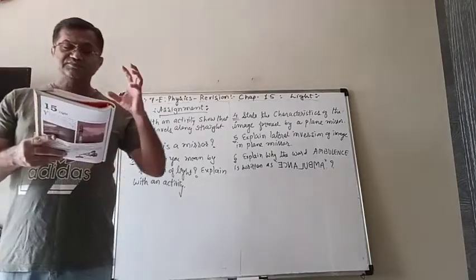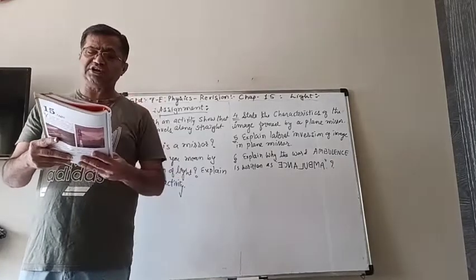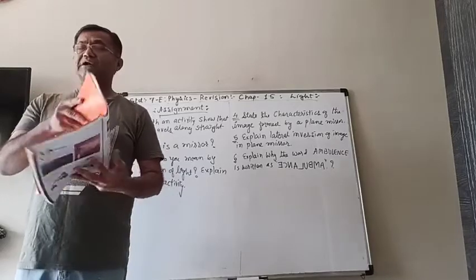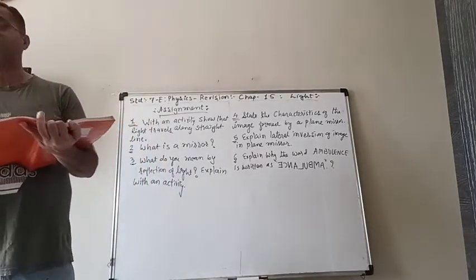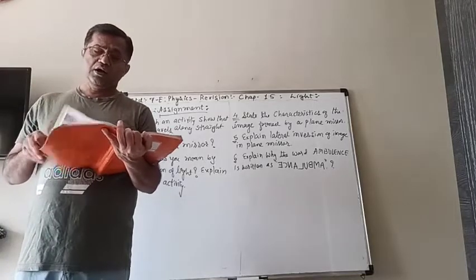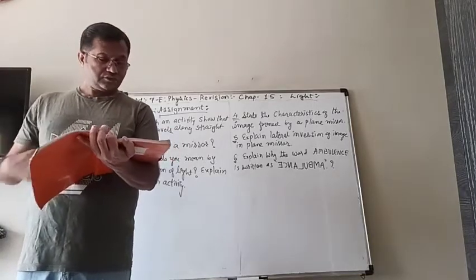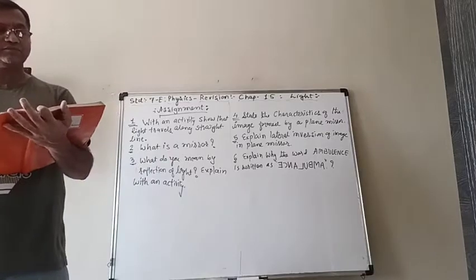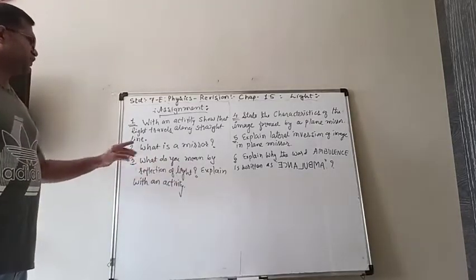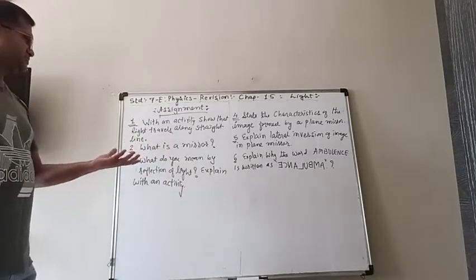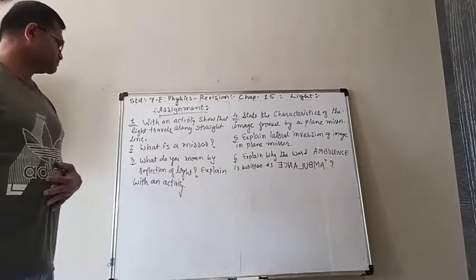So that was the reflection of light by which the rabbit fooled the lion, and the lion was killed. So now, for reflection of light, we have to understand first what a mirror is, a highly polished surface.